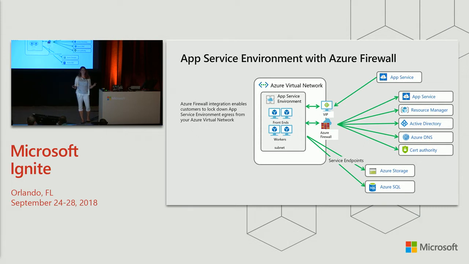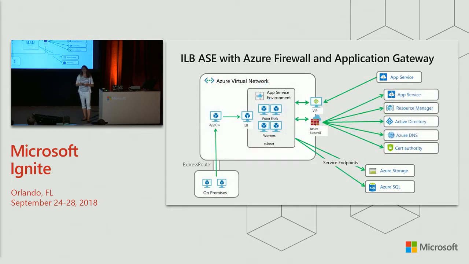It tells you how to set up a firewall appliance with your ACE to lock down egress. The list of FQDNs is not trivial. To do an integration with a firewall, you will need to set up service endpoints to SQL and storage from your ACE subnet, and then you can throw in the rest inside your Azure Firewall.